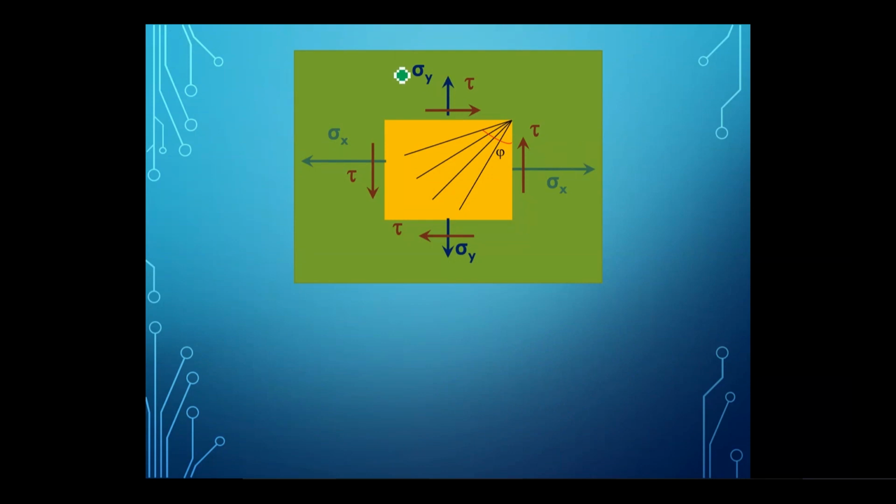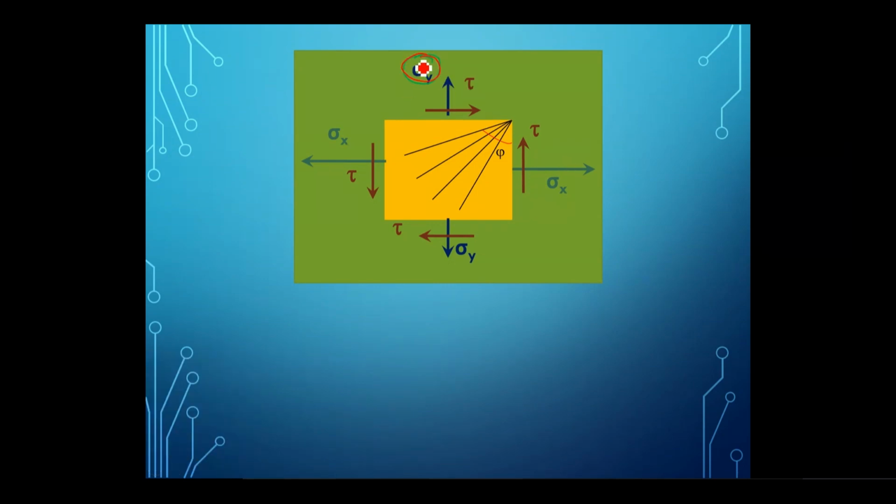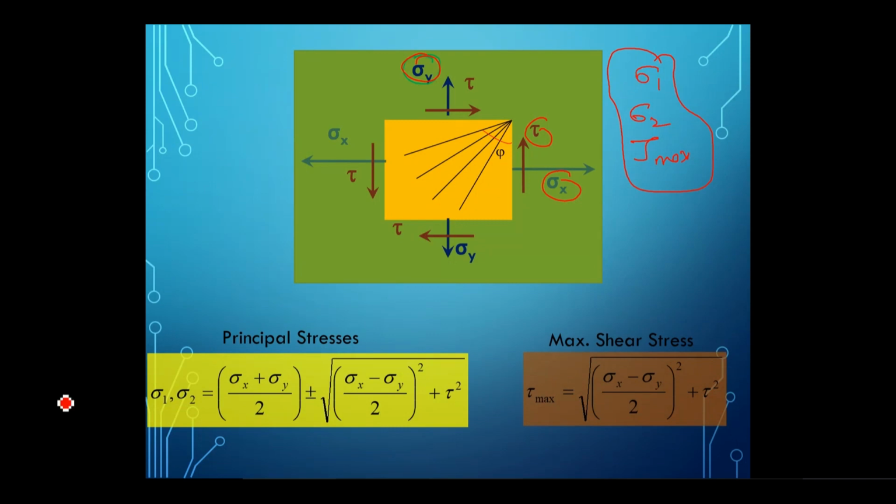Again, let's change the color. If you have sigma y, sigma x, and shear stress acting on a material, how do you find out the sigma 1 and sigma 2 and tau max? ये हम किस तरह फाइंड आउट कर सकते हैं? प्रिंसिपल स्ट्रेसेस को फाइंड आउट करने का तरीका ये है कि सिग्मा 1 एंड 2 could be found out depending upon sigma x and sigma y and the shear stress acting on the material.